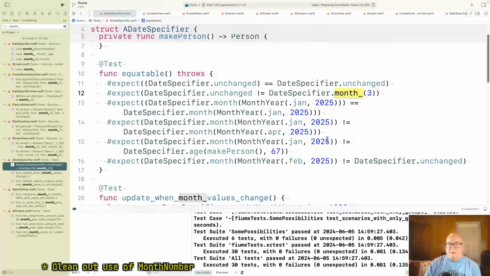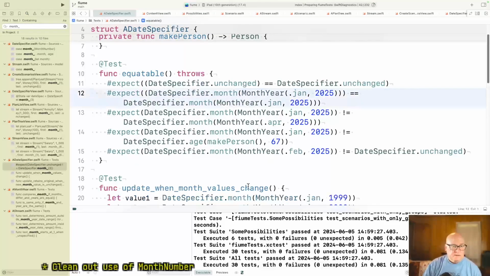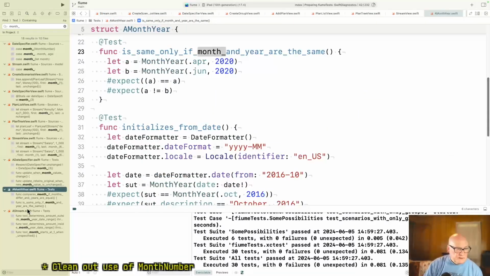Date specifier. Well, we have date specifier month not equal unchanged. So I think that's redundant. That's the name, name. Okay.